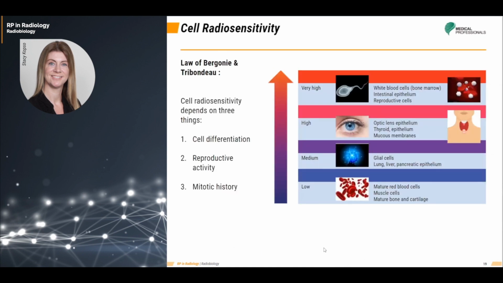At the turn of the century, two French scientists determined that cell radiosensitivity depends on three things. If cells are highly specialized, meaning in multicellular organisms they carry out a particular function, such as a neuron, radiosensitivity is less than if cells are non-specialized, such as neuroblasts.